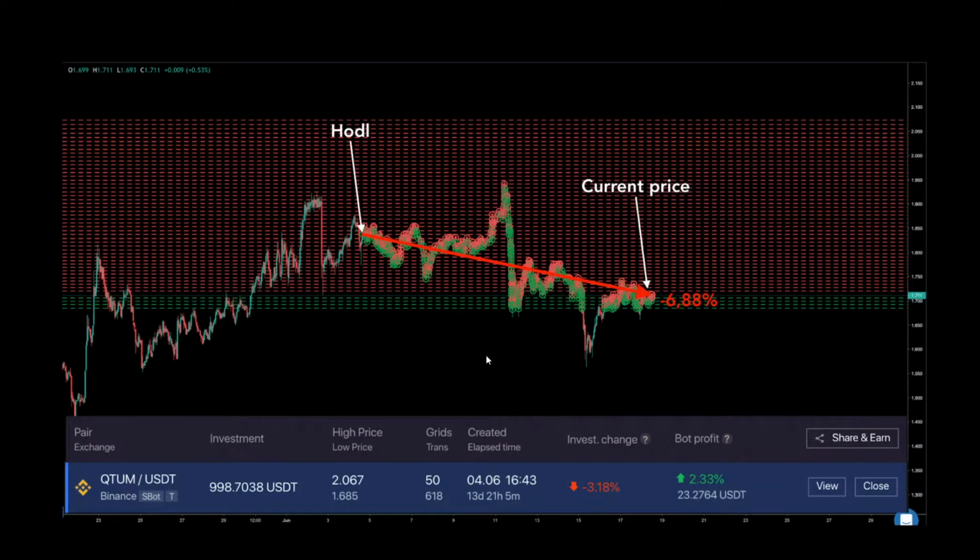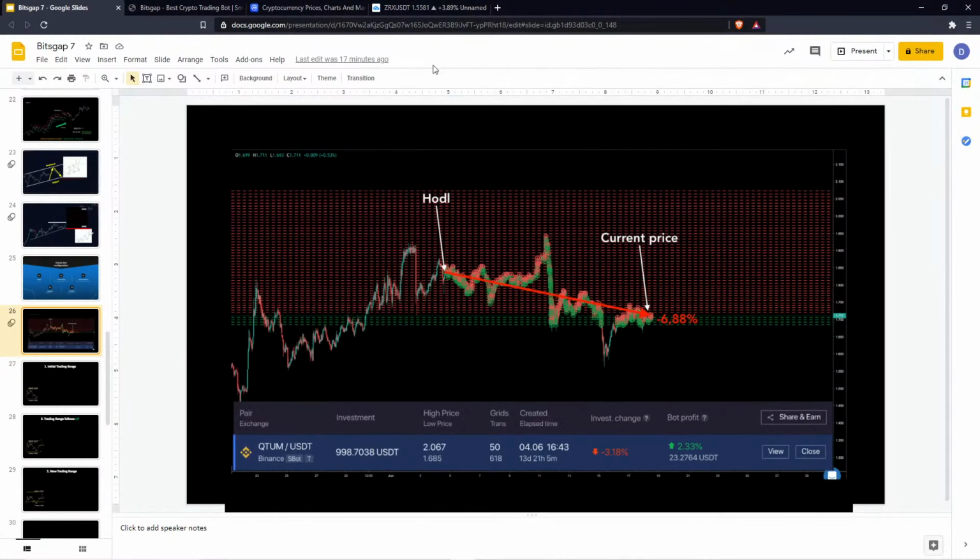If you want to generate stable returns and minimize the loss, then automation is something you should consider, because even on the downfall, it significantly offsets the negative value change of the base currency, and what you see is that your investment change is only minus 3%, whereas it could be almost minus 7%. So definitely automation wins over the simple hodl strategy.